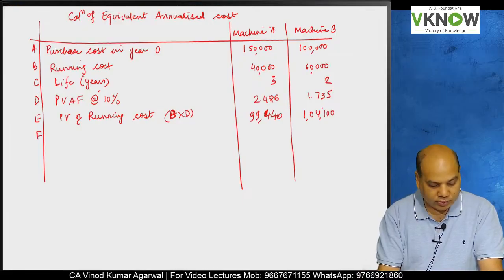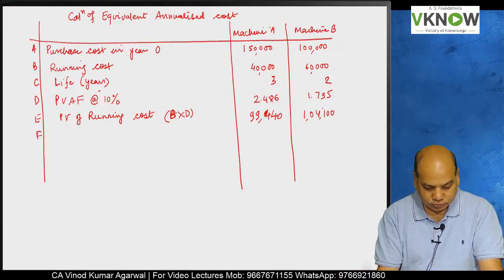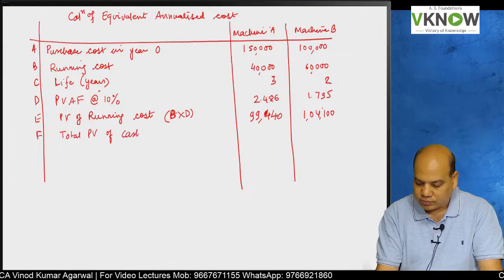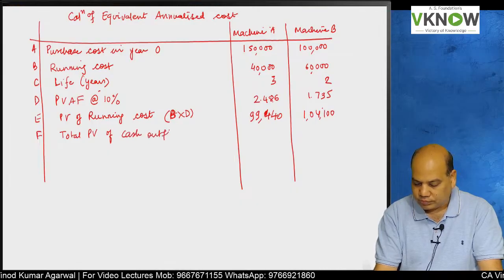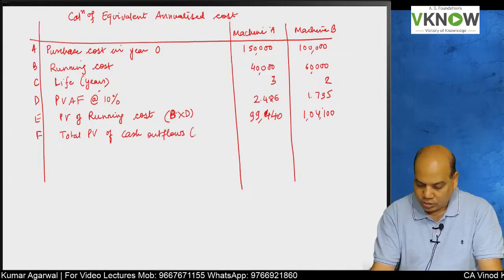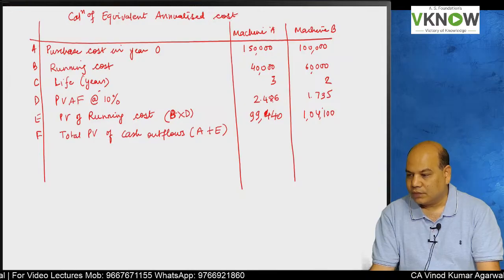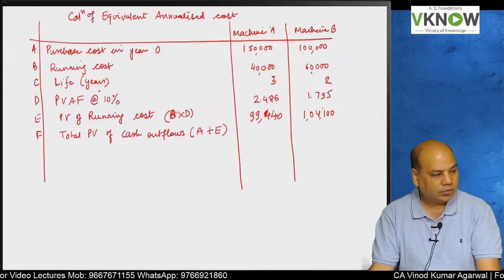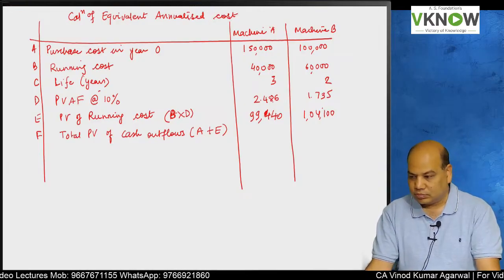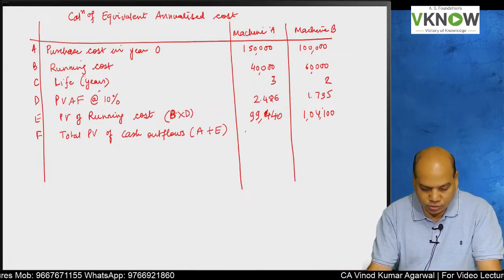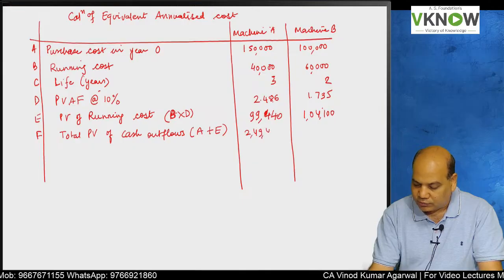Point number F, write down: total PV of cash outflows. A is purchase cost, E is present value of running cost. If I buy machine A, my present value would be 2,49,440.